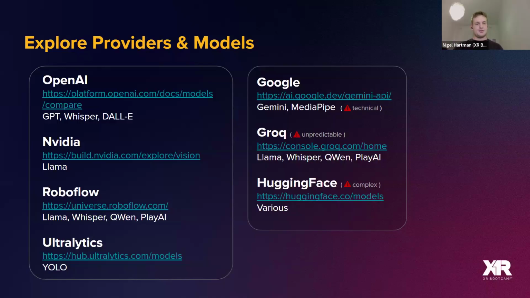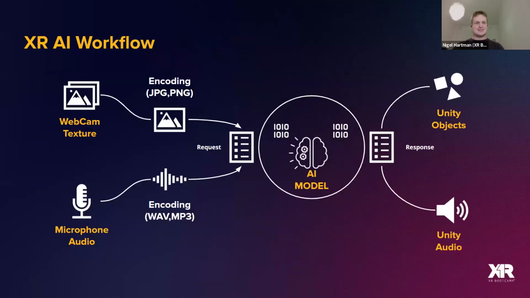We have Roboflow, which we also share a lot about today. And also Ultralytics, for example, is this YOLO model. So a lot of capabilities and Hugging Face, everything.